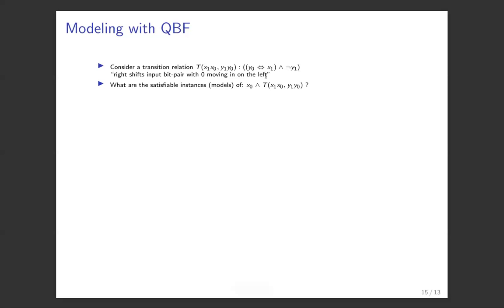So what are the satisfiable instances of this? That is, the models of this formula. And what does it informally represent?